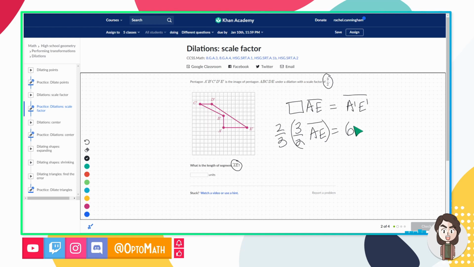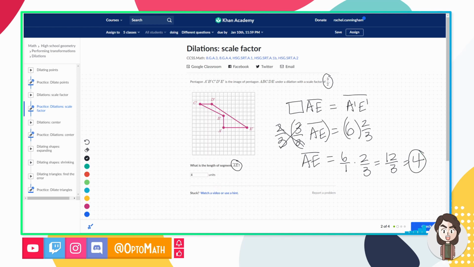So multiply by 2/3 instead of dividing by 3/2. It just makes it a little easier. Personally, I think it's better. Those all simplify to 1, so we find that AE is equal to 6/1 times 2/3, which is 12/3, which is 4.